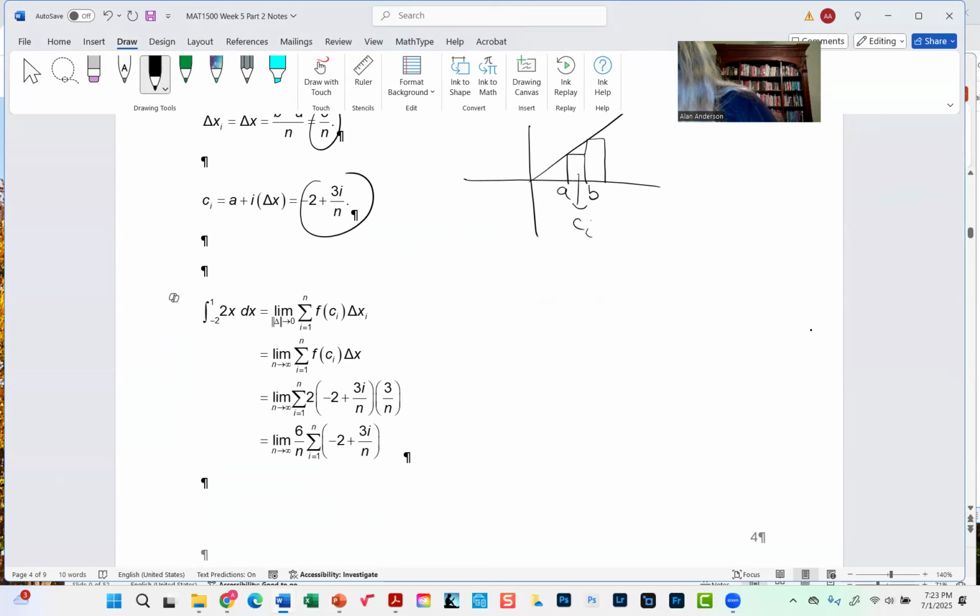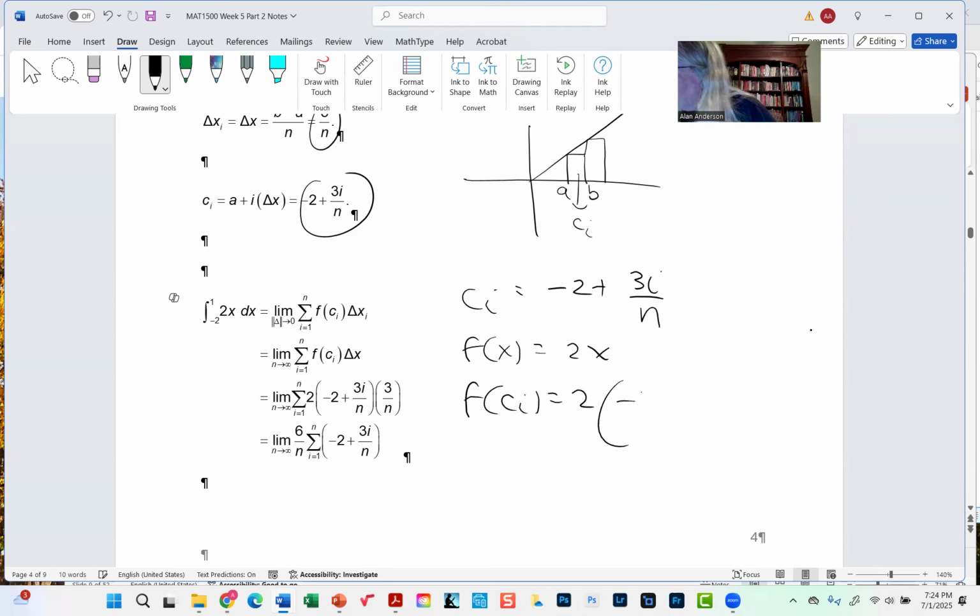We are taking the limit as the size of the norm, which in this case, they're all the same, so it's just delta x, which is going to 0, which means the number of intervals is going to infinity, with f of c i. So c i, as we see, is -2 plus 3i over n. And since f of x is 2x, f of c i is simply 2 times (-2 plus 3i over n).